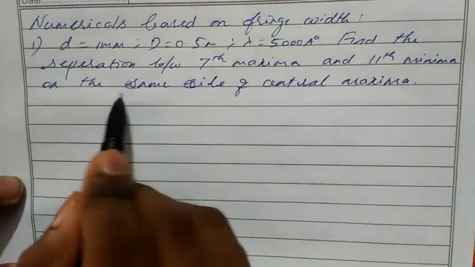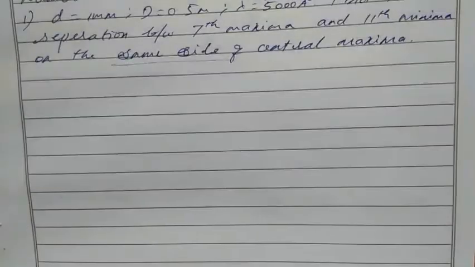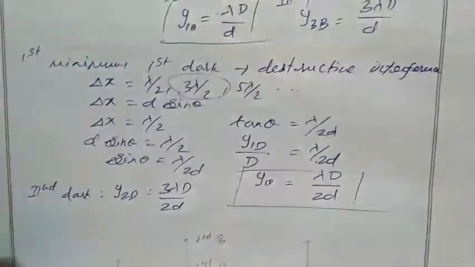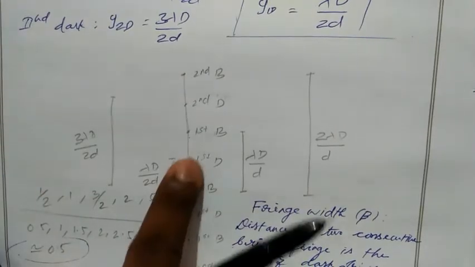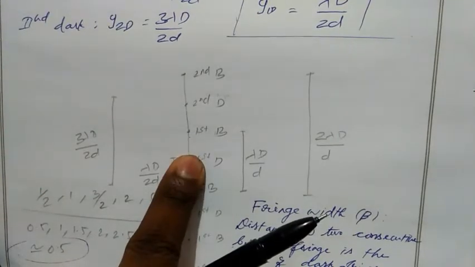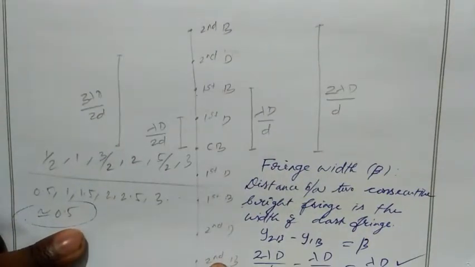So why is it given the same side of the central maxima? Because if you see the figure, we have maxima and minima on both sides. This is also the first dark, this is also the first dark. Here we have the second bright, and here at the bottom we have the second bright.